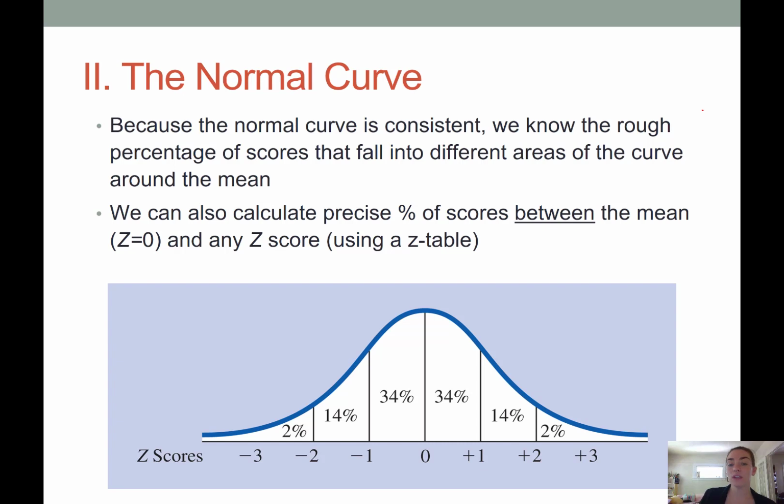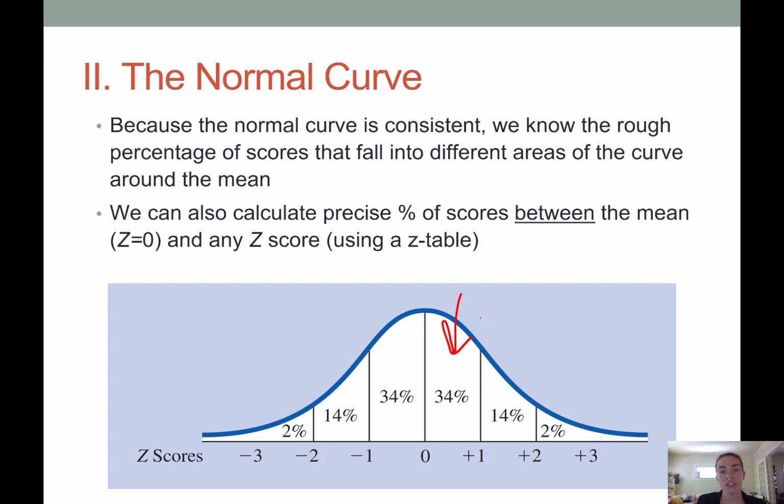And in fact, we know that 34% of the scores will fall in that region. So that's between the mean and 1 standard deviation above the mean. Always, in every single normal distribution, 34% of z-scores will be between 0 and +1. This will be really useful to us.